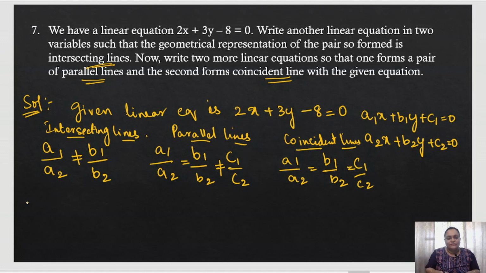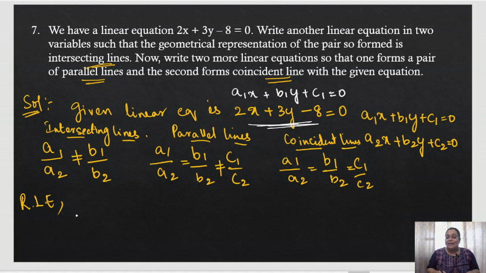Now let us find the required linear equation for the intersecting lines. So for intersecting lines, what is the condition? a1 by a2 is not equal to b1 by b2. Right? So what is the equation? It is 2x plus 3y minus 8 is equal to 0. This is a1x plus b1y plus c1 is equal to 0.